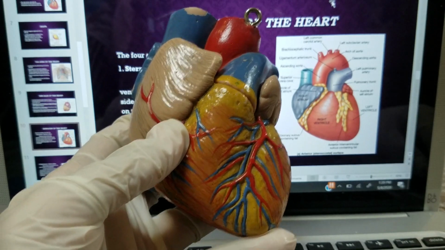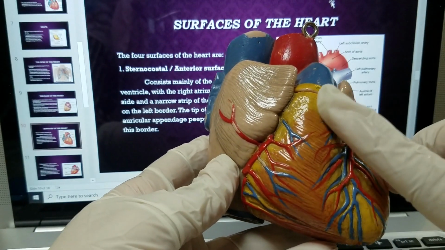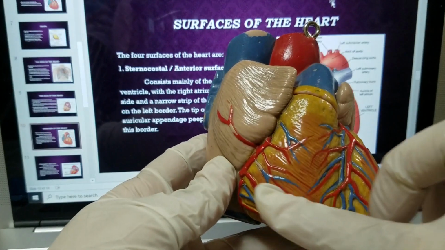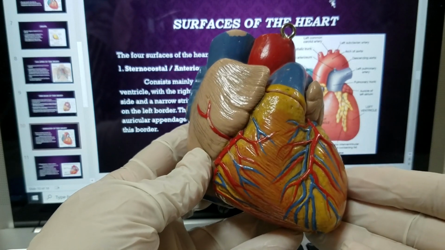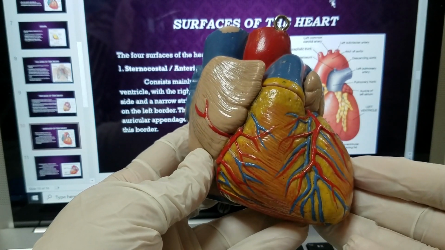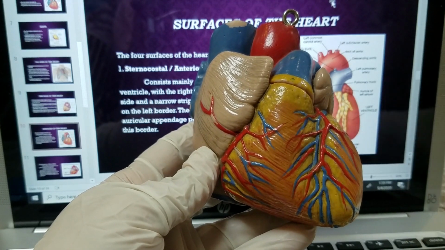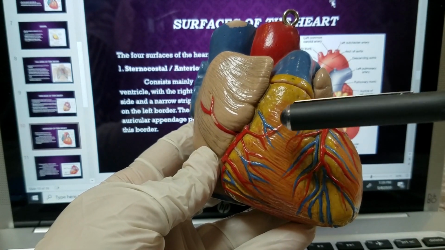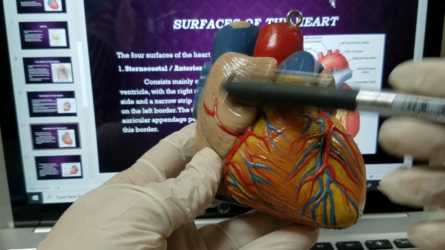If we talk about the sternocostal surface or the anterior surface, this surface mainly consists of the right ventricle. All of this, what we can visualize, is forming the anterior or the sternocostal surface. But the main part is formed by the right ventricle. It also has some contribution of the right atrium on the right side.